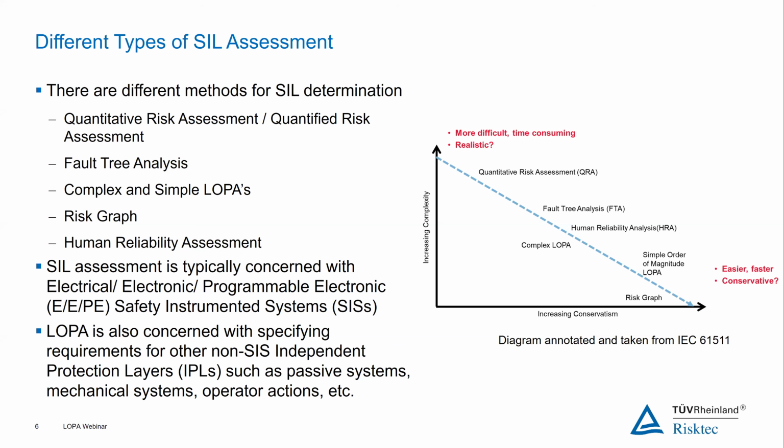The other thing I haven't talked about hugely, and you'll see it on the bottom axis of the graph there, is increasing conservatism. Because we work in safety, and because this methodology is a safety type of assessment, inherently the more simple the methodology becomes, the more conservative it becomes.